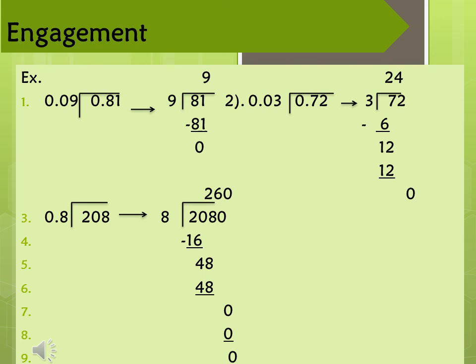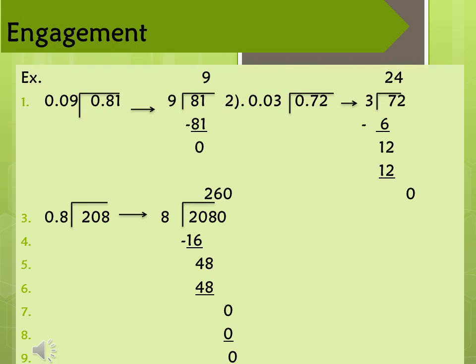So, divide natin. 72 divided by 3. 7 divided by 3 equals 2. 2 times 3 equals 6. 7 minus 6 equals 1. Bring down 2. 12 divided by 3 equals 4. 4 times 3 equals 12. 12 minus 12 equals 0. So, yung example number 2 ay dividing mixed number by decimal number.